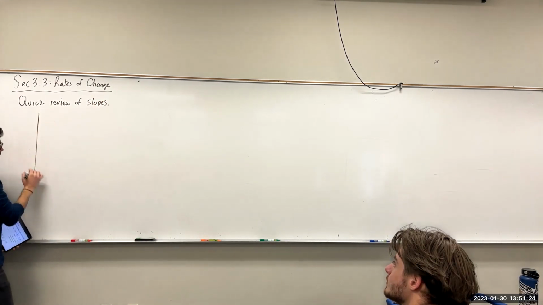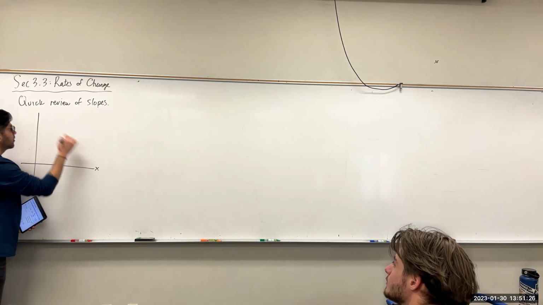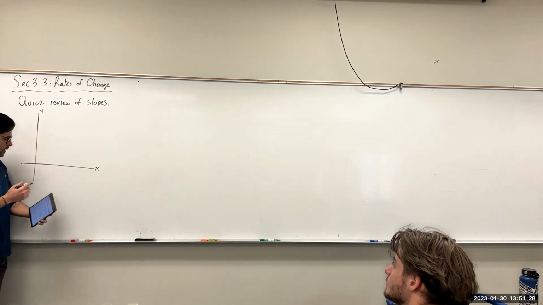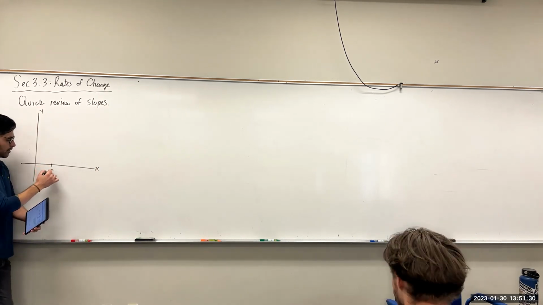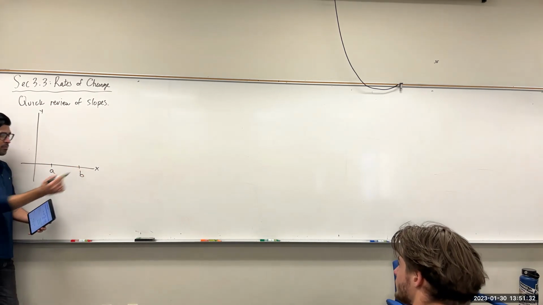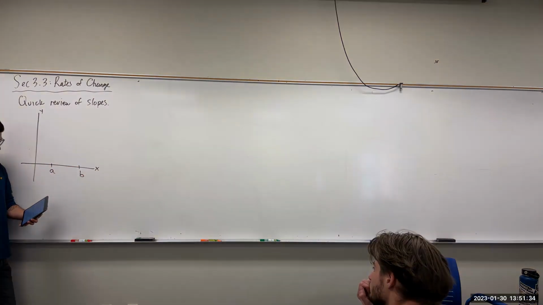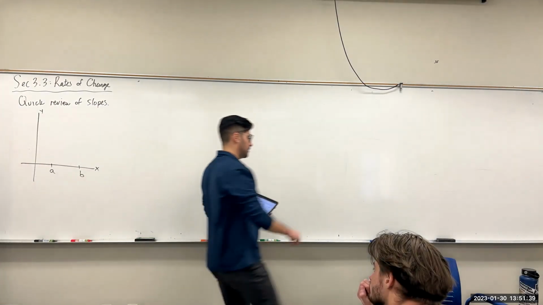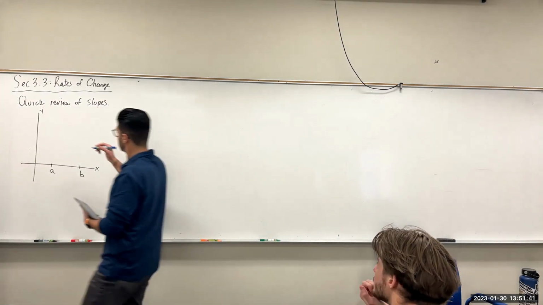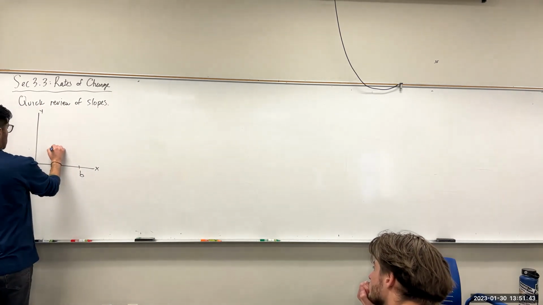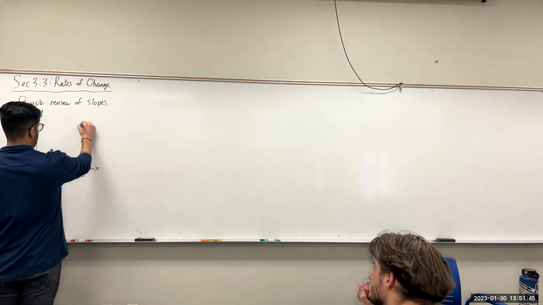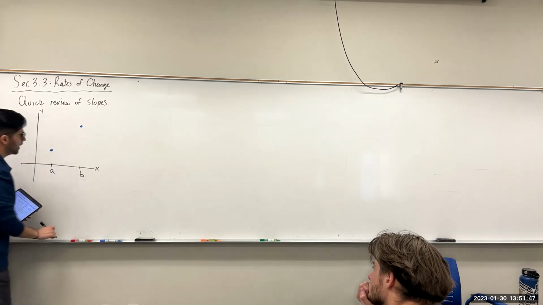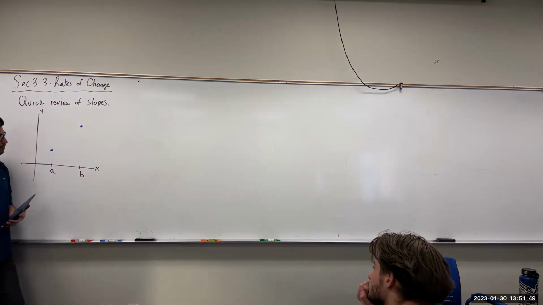So draw a little XY coordinate plane here. And we're going to have our x values a and our x values b here. And let's say we have 2 points. Let's say one's right here and the other point is right here at those x values.